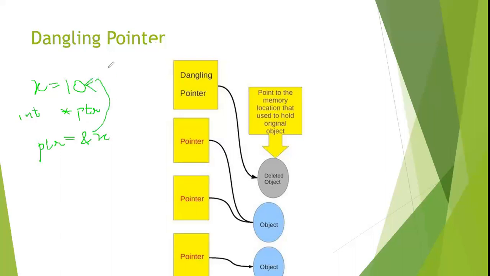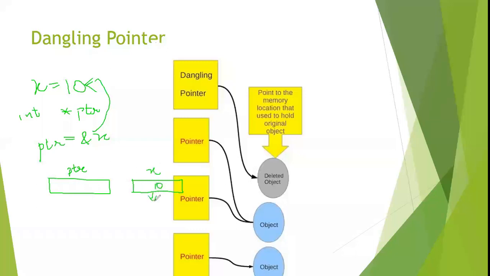Right. Now if I represent this in terms of memory location, we have two variables here. One is ptr and the other is x. X has value 10.